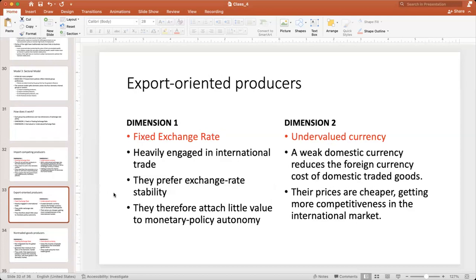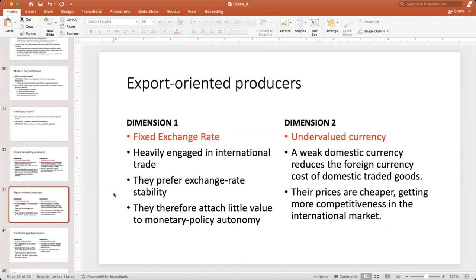The second group is the export-oriented producers. They prefer a fixed exchange rate. Why? Because they are heavily engaged in international trade. So they prefer stability, and therefore they attach little value to monetary policy autonomy. They don't want the government to intervene in the economy to boost the economy. They prefer a fixed exchange rate, fixed prices to make better contracts that could maintain their trade terms over time.